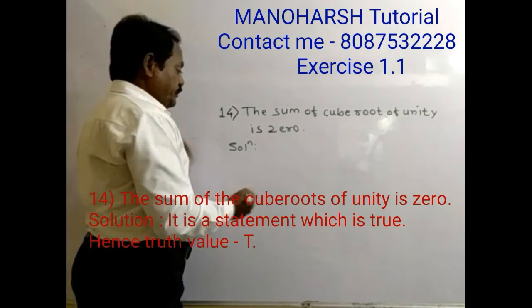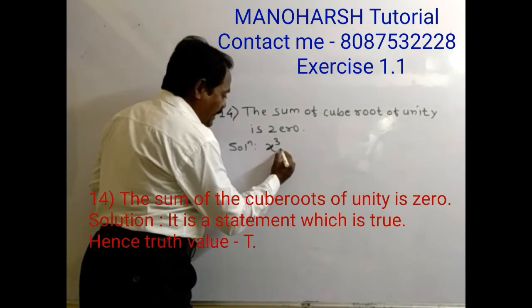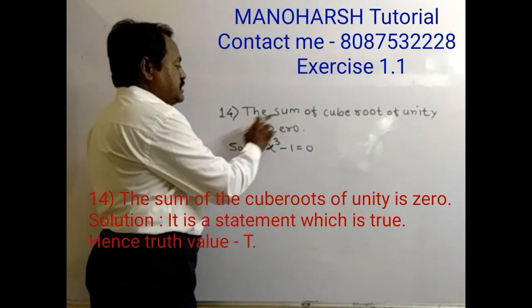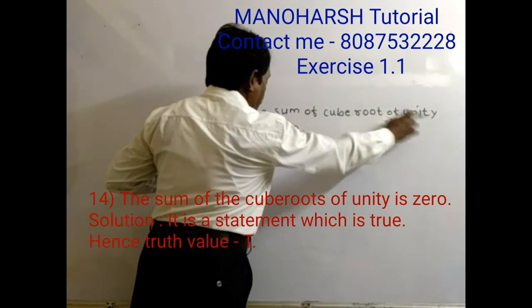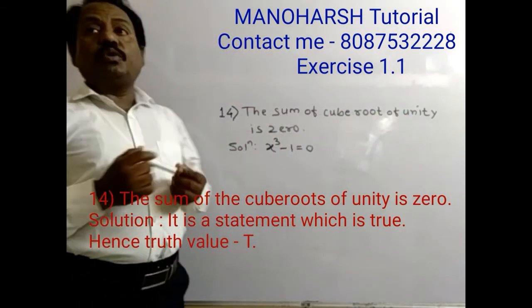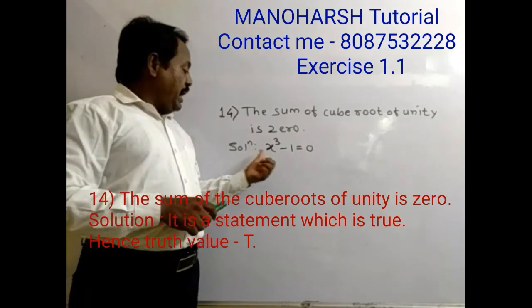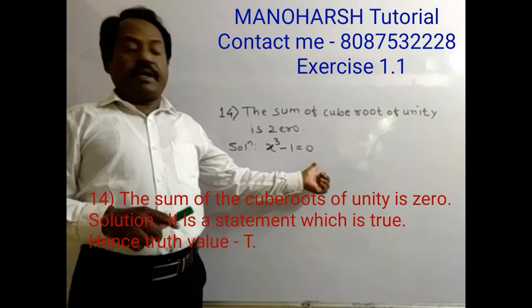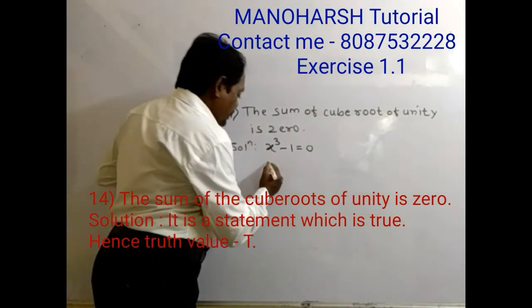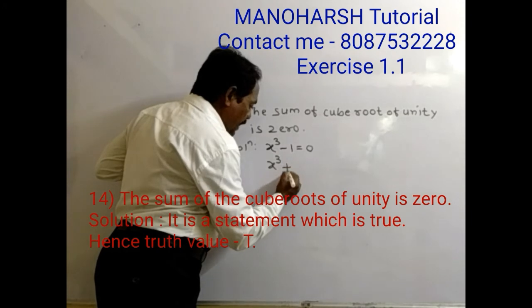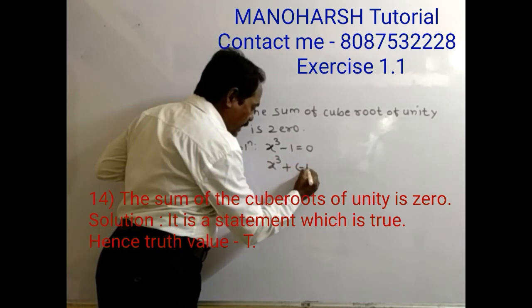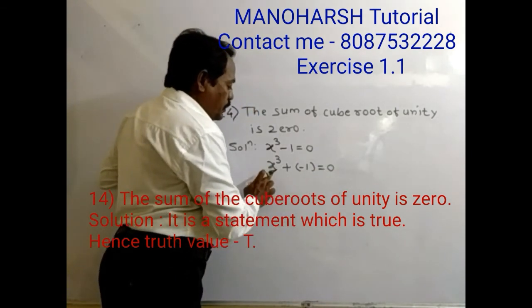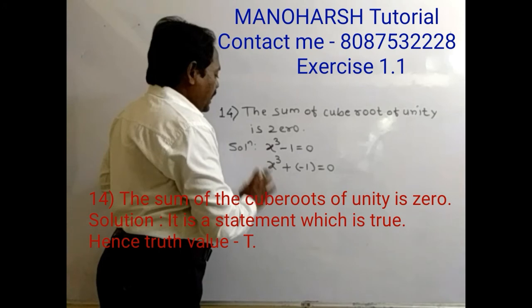This means solution x cube minus 1 is equal to 0. ये मीनिंग होता है the sum of cube roots of unity is 0. It means x cube minus 1 is equal to 0. Now this can be written as x cube, minus 1 is equal to 0. तो ये हो गया sum of cube roots of unity is 0.